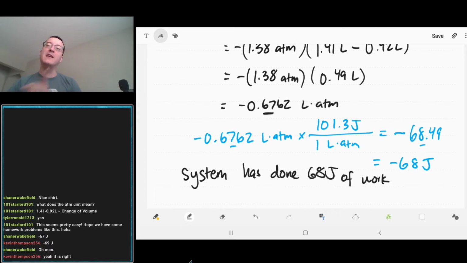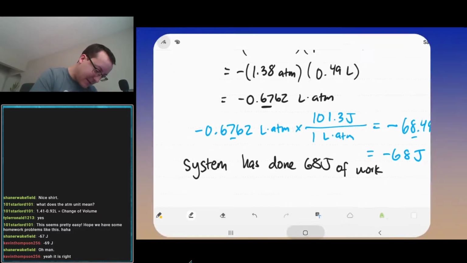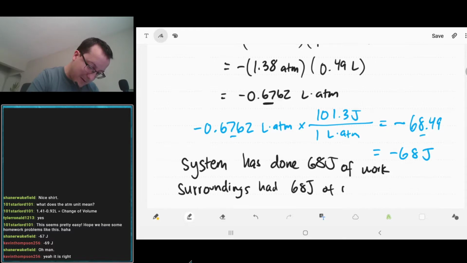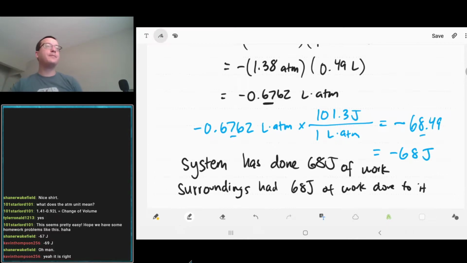Remember, when you have a negative work or a negative heat, that means the system has done that thing. And so we could also say the surroundings had 68 joules of work done to them.